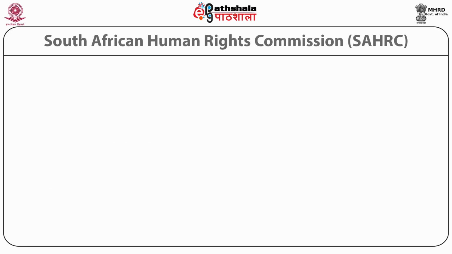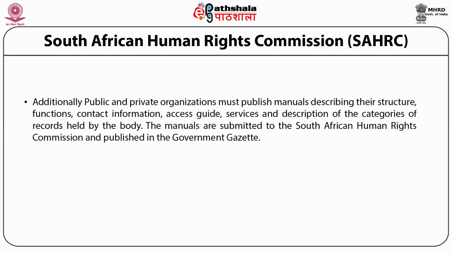Now, quickly, the South African Human Rights Commission is essentially tasked with overseeing the implementation and enforcement of human rights in South Africa. Public and private organizations both must publish manuals describing their structure, functions, contact information, access guide, services, and the description of the categories of records held by the body.